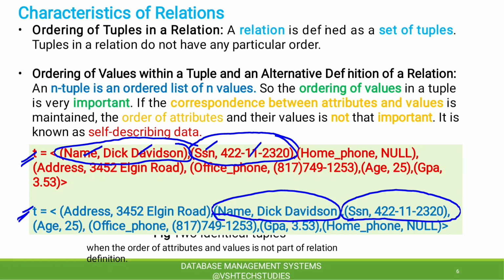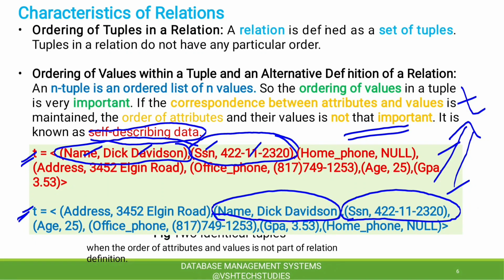If you compare all the attributes and their values in these two tuples, they are the same. Hence, both represent the same tuple T. So the order of attribute and its value is not important. They are self-describing data. This representation of a tuple in the form of attribute names and values is called the correspondence between attributes and values.